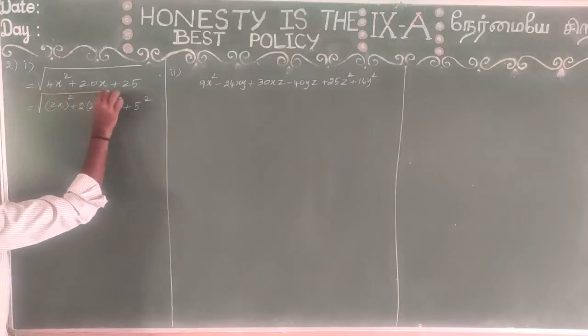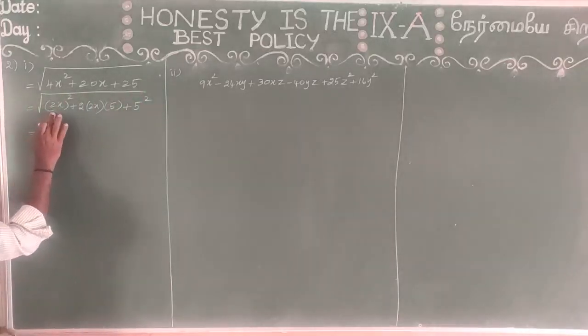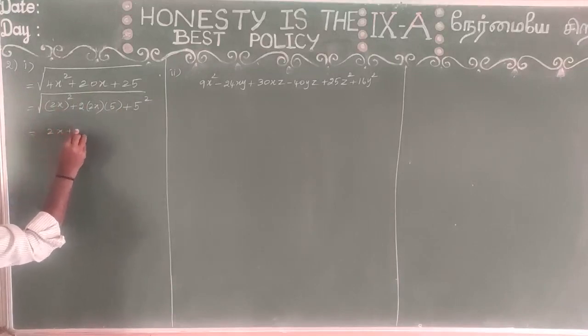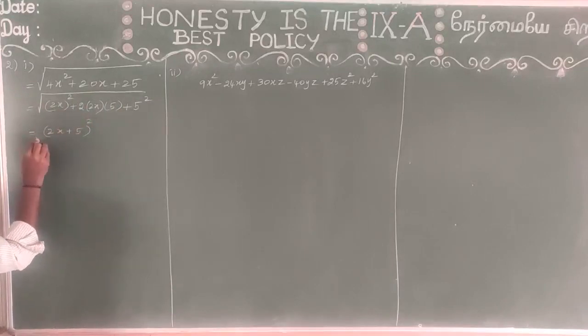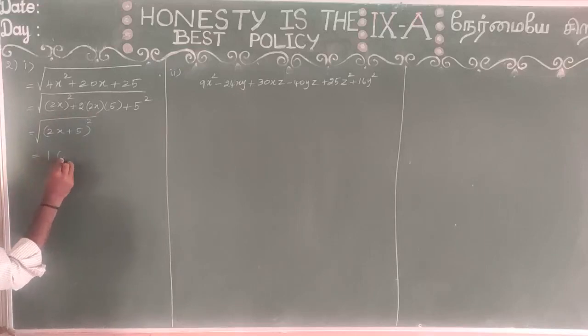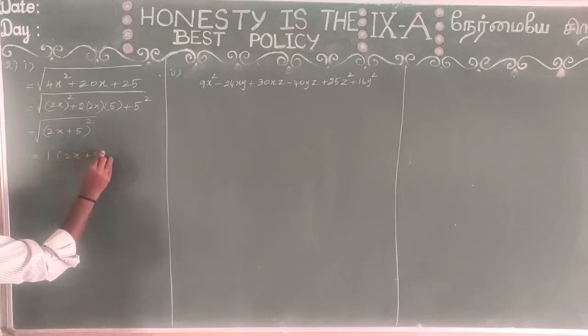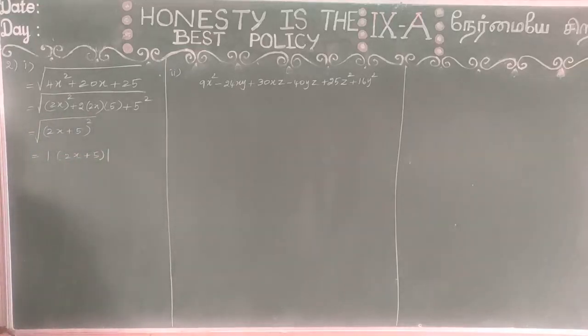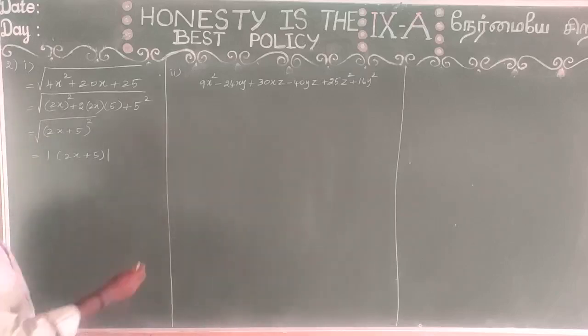Right. That is a square plus 2ab plus b square. Then 2x plus 5 the whole square. We get modulus 2x plus 5.